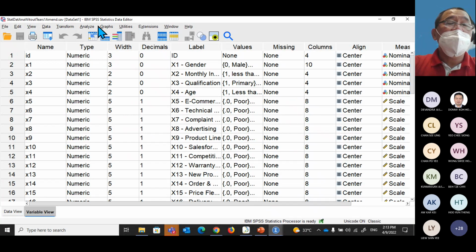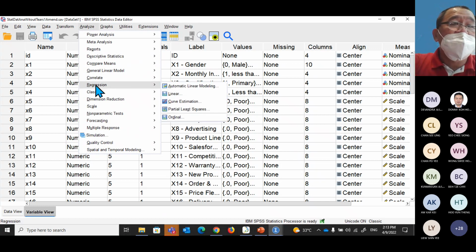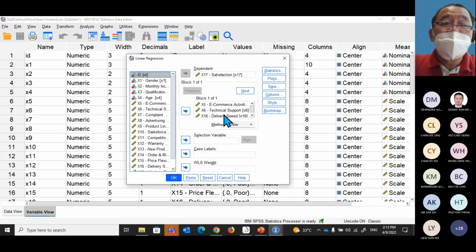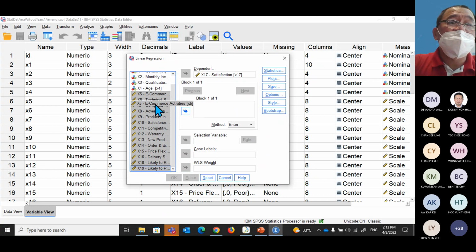We see the method now. So now we use all the metric variables. Analyze, regression, and then linear. Now what we do, we use all the metric variables, from x5 until x19.